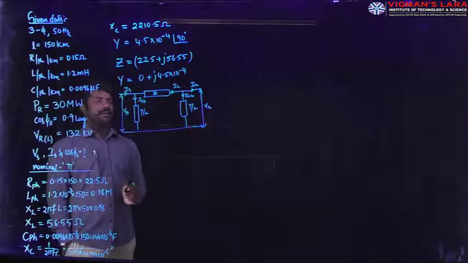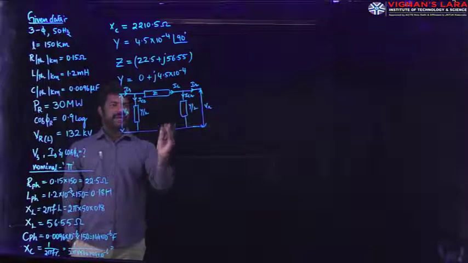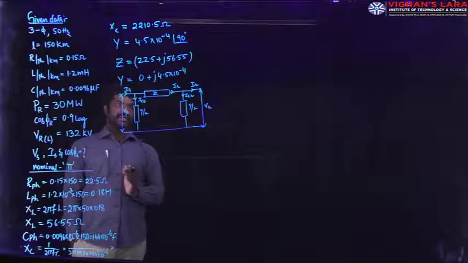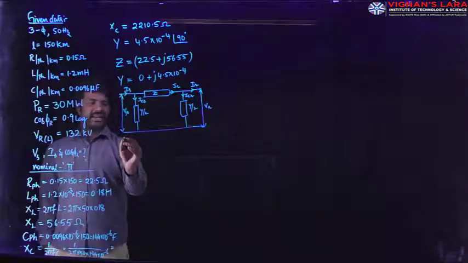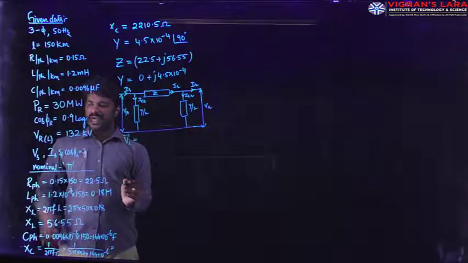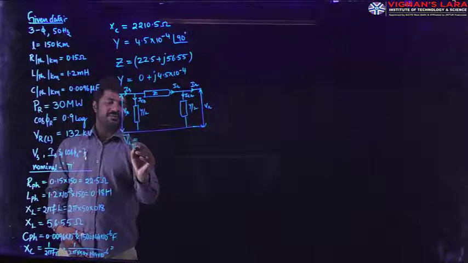So let me calculate each and every quantity starting from the receiving end side. Slowly we will move towards the sending end side. For the entire analysis, we take the voltage VR phasor as reference, whose value was given as 132 kV, but I want the per phase value.